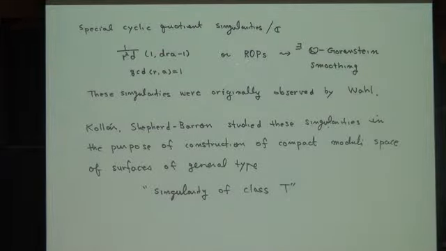So these are characterized by the self-intersection number being an integer. And much later, Kollár and Shepherd-Barron studied these singularities for the purpose of constructing a compact moduli space of surfaces of general type. When we try to compactify the moduli space, we need to allow some singularities, and these singularities are very important in the boundary of the moduli, and they called these singularities of class T.